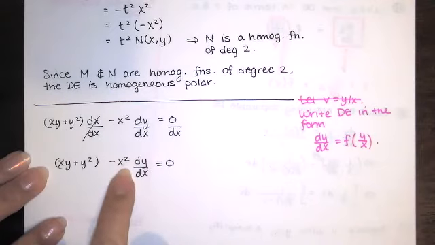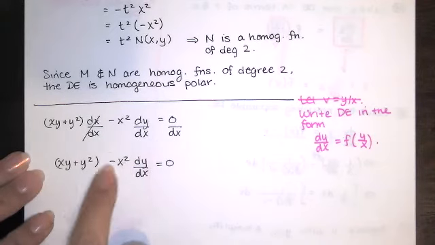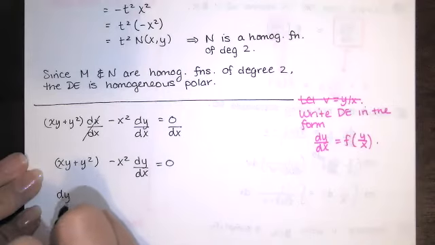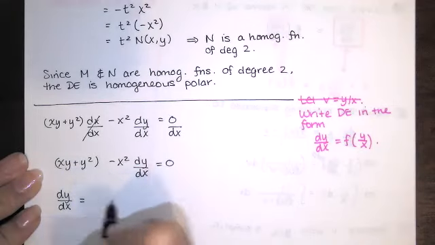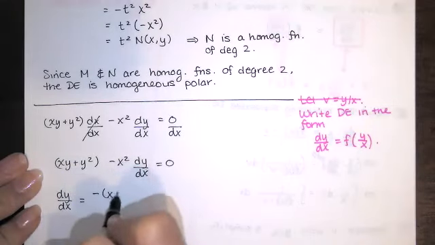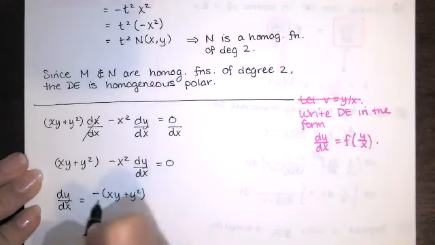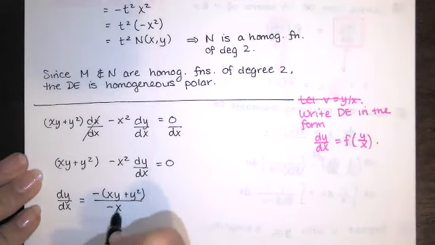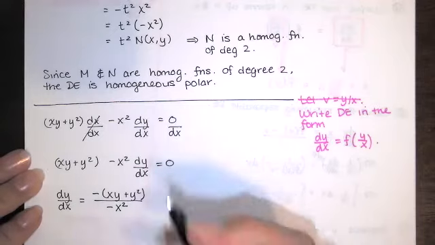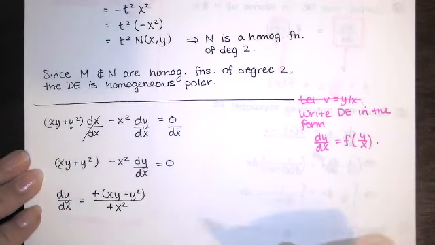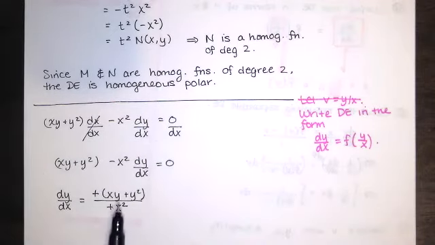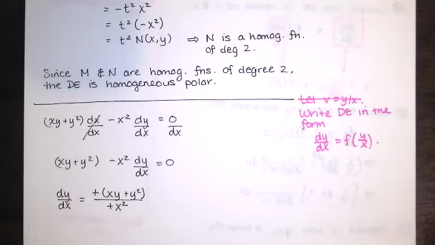Trying to isolate this guy, so we're going to subtract this from both sides and divide by x squared, or divide by negative x squared. Negative divided by a negative is, of course, positive. And we see a homogeneous function of degree 2 divided by a homogeneous function of degree 2.